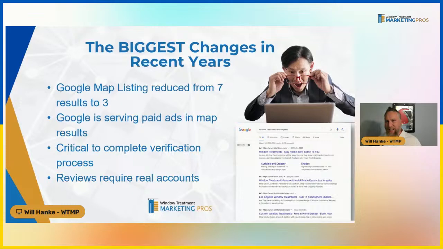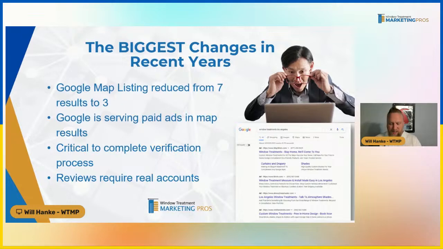So you can actually get a 4th listing in the 3-pack, which sounds a little crazy, but you can. There is a way to do that through the paid ad platform to get that 4th listing, and it shows up first. So if you're paying for that spot, you can show up before the 3 organic businesses that show up there as well.